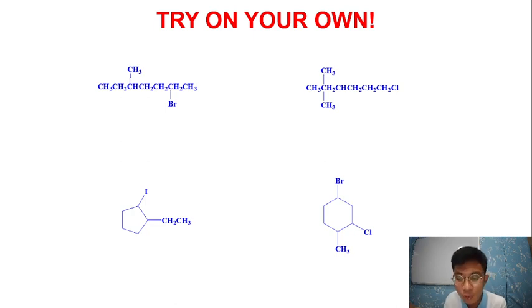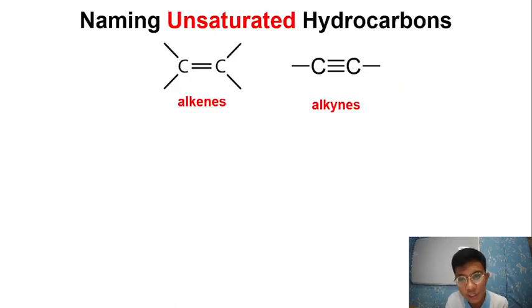Now, let's go with the naming of your unsaturated hydrocarbons. So, again, unsaturated hydrocarbons, so these are your alkenes or your alkynes. So, doon sa previous slide ko, may nilagay ako 'di ba na kapag alkane dapat gano'n pa din. You just find the longest chain and that will be your parent chain.